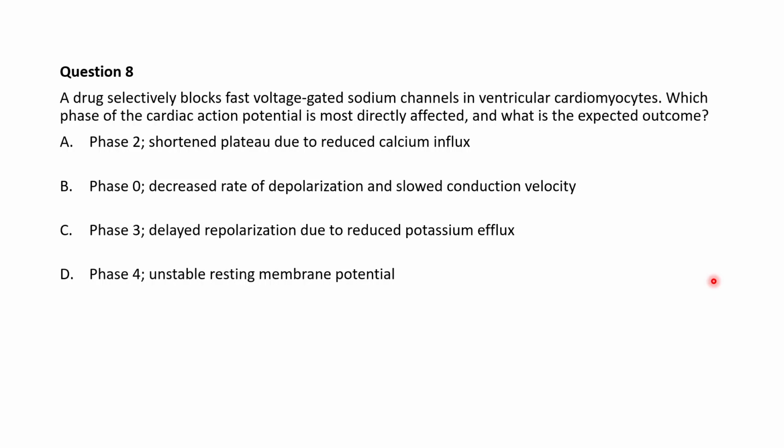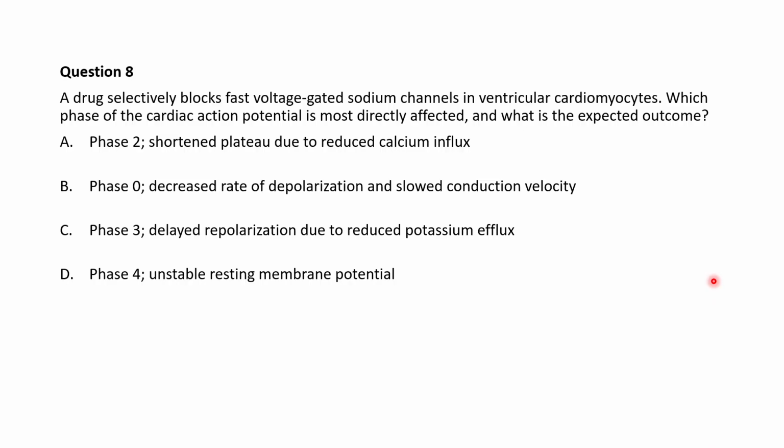Because in phase zero, the ventricular action potential is driven by the rapid sodium influx through the fast voltage gated sodium channels, right? And that is the steep depolarization jump, initially from minus 85 to plus 35 millivolts.